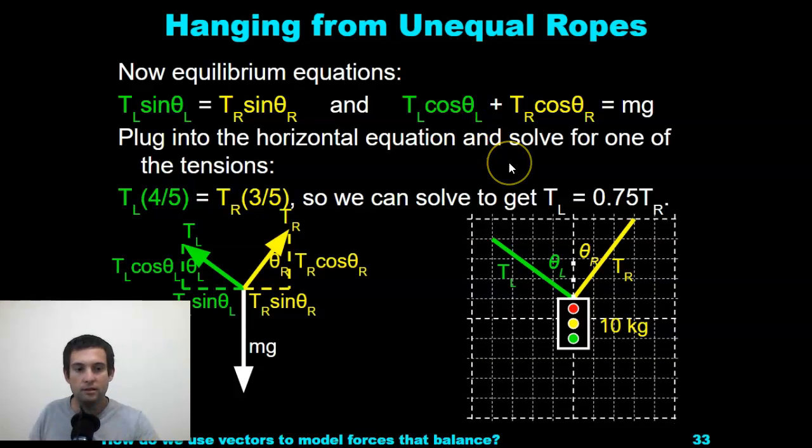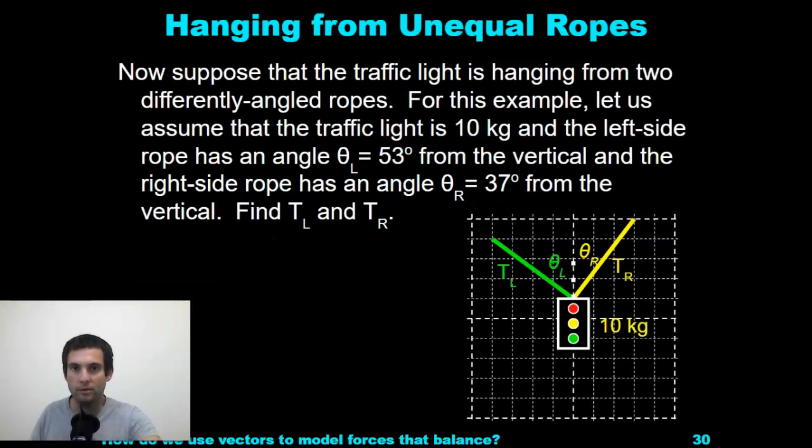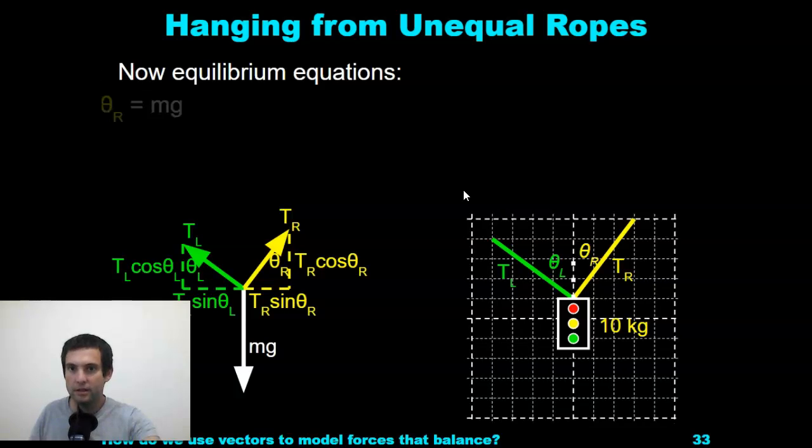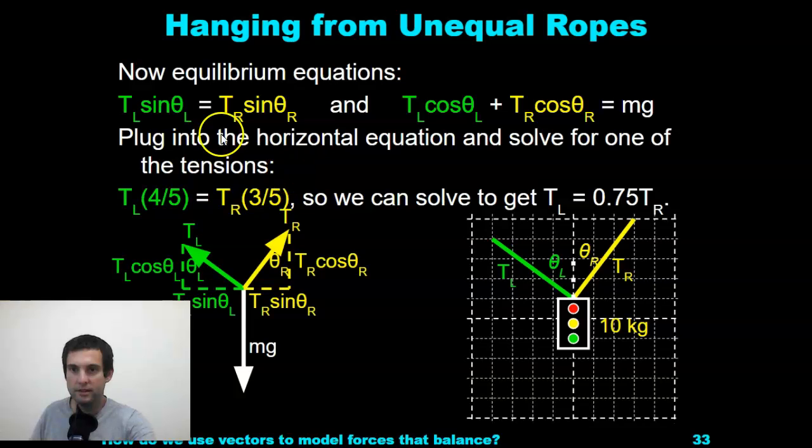What we mean is we're going to take TL times sine of theta L, which from our problem, theta L was 53 degrees, theta R was 37 degrees. So we're going to plug in those thetas and take the sine. So sine of 53 will give us 4/5. Sine of 37 will give us 3/5. And we get a relative tension on the left.